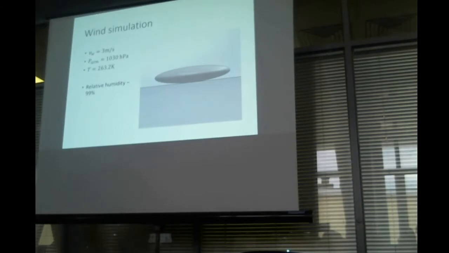So what we did next, when we had our theory model, was a wind simulation. This is our first perturbation, where we put flat ice and a rock modeled as an ellipsoid. Wind speed was 3 meters per second. This is pressure, this is temperature, and this is relative humidity, which are data we obtained from meteorological data.